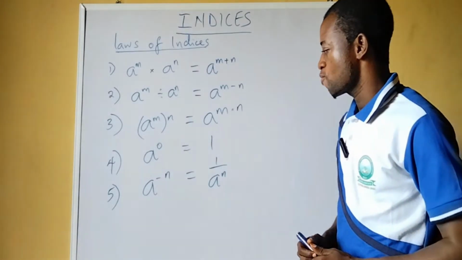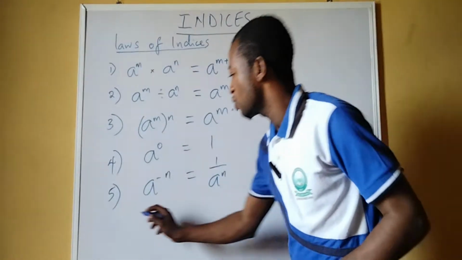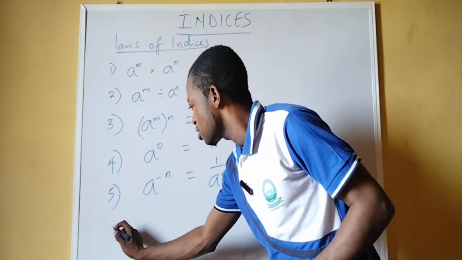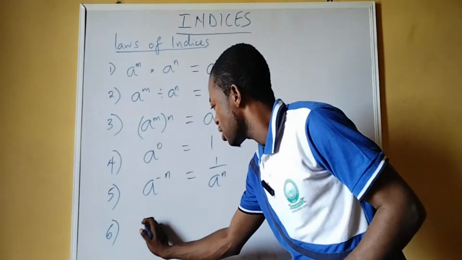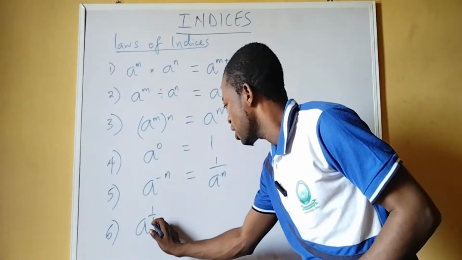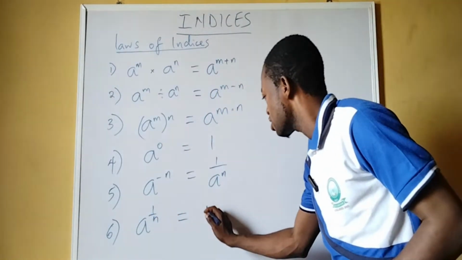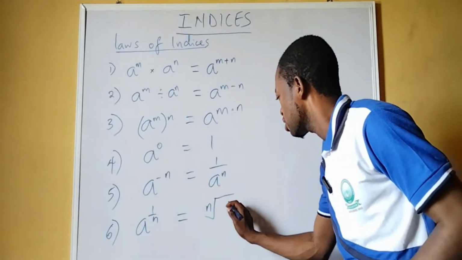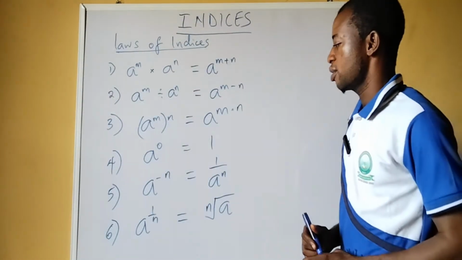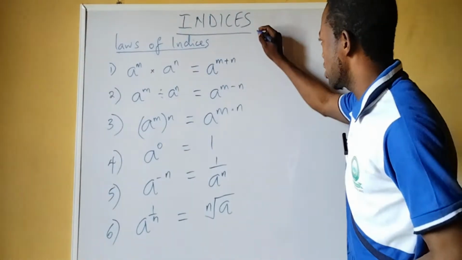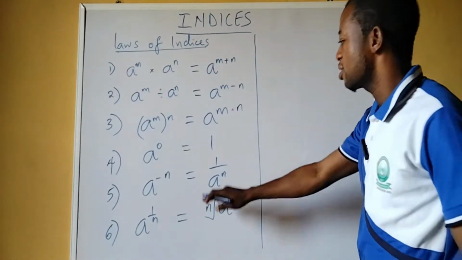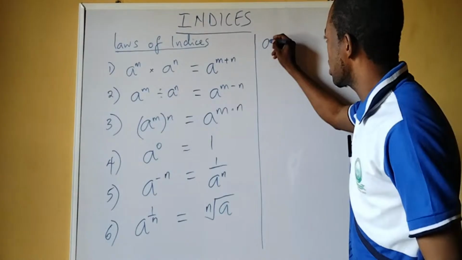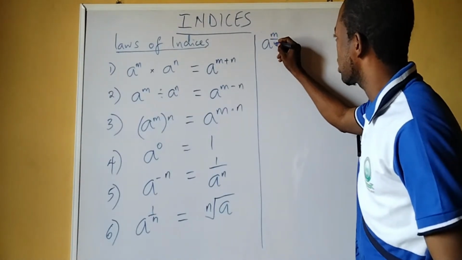Okay? And also, we have fractional index. When we have a raised to power 1 over n, this can be written as the nth root of a. And to generalize that, we can have a raised to power m over n.